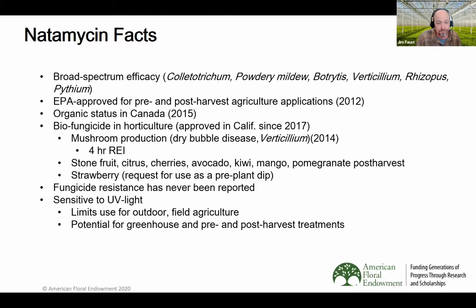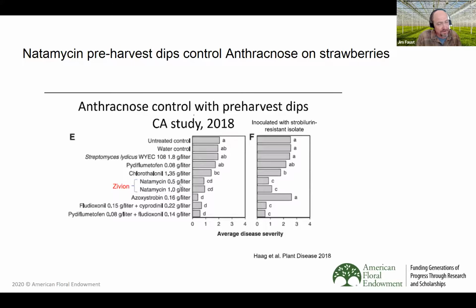There's not a lot of research in the plant literature, but this is one study that was done recently, in 2018, looking at natamycin pre-harvest dips on control of anthracnose in strawberries. What you can see here is the untreated water control, and then these treatments right here are the natamycin at 500 to 1,000 parts per million.